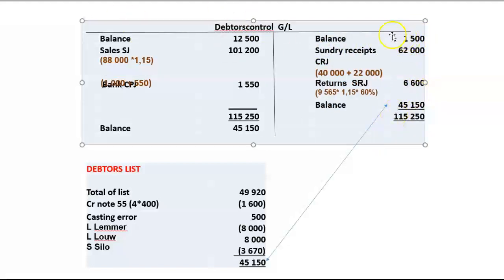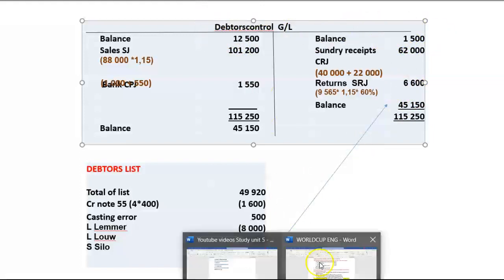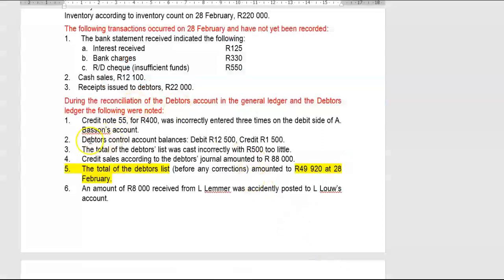But that doesn't take away the fact that our net balance at the beginning of the month was 11,000 Rand. Debtors control account balances: 12,500 debit, 1,500 credit. Good.